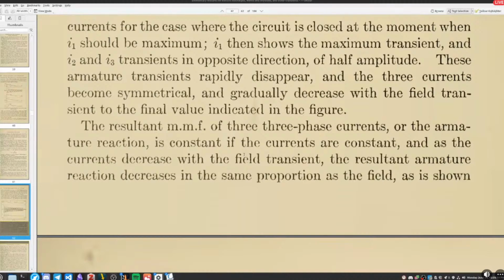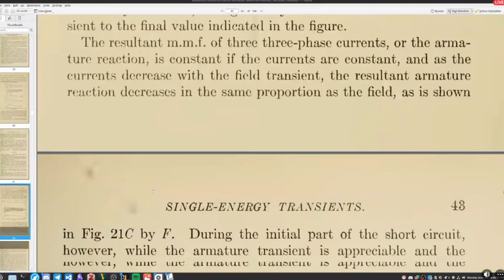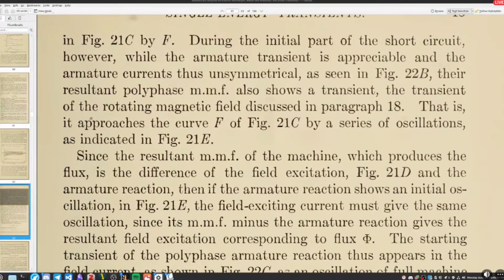And as the currents decrease with the field transient, the resultant armature reaction decreases in the same proportion as the field, as is shown in figure 21c by F. During the initial part of the short circuit, however, while the armature transient is appreciable and the armature currents are thus unsymmetrical, as seen in figure 22b, their resultant polyphase m.m.f. also shows a transient, the transient of the rotating magnetic field discussed in paragraph 18. That is, it approaches curve F of figure 21c by a series of oscillations as indicated in figure 21e.